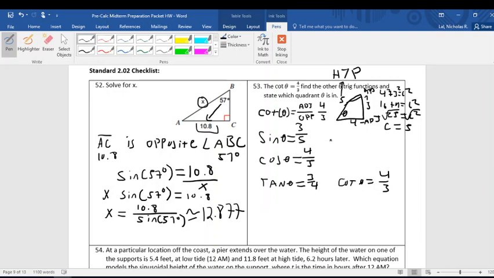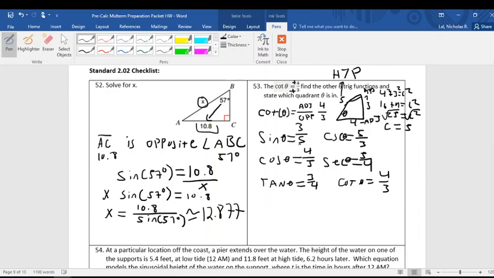And then cosecant, flip the sides, 5/3. Secant, flip the sides. That's going to be 5/4. All right, which quadrant? Well, the 4 is positive and the 3 is positive.